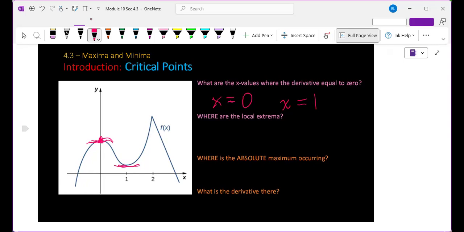No, just looking on the graph, because we don't know the y values here. So I can't tell you even what this local max is, because I didn't get any tick marks. But just based on the appearance, I can see that when I get over here to the right, my graph starts getting higher. So my absolute max is occurring at x equals 2.